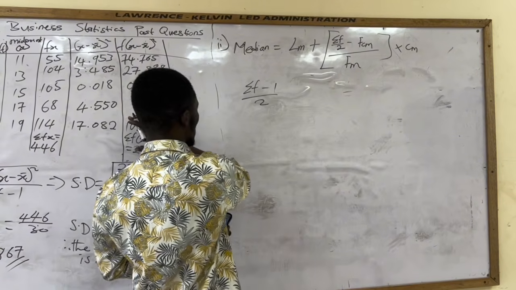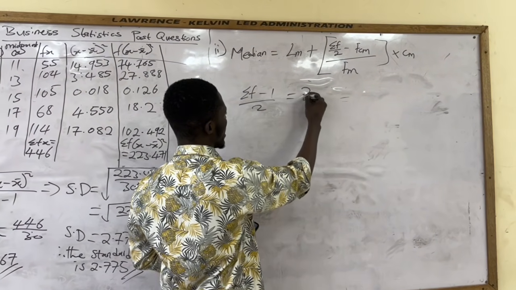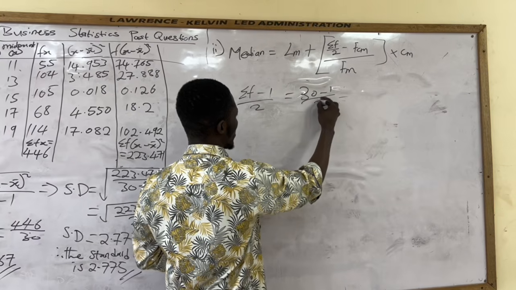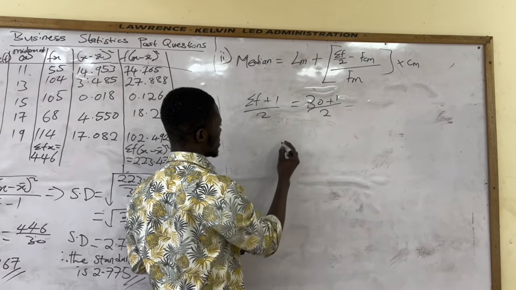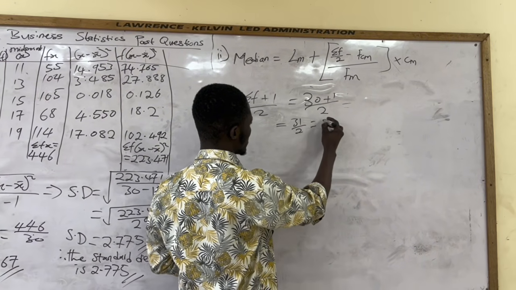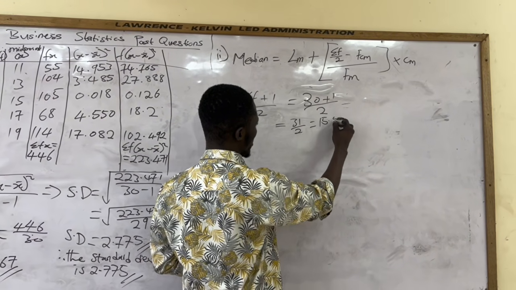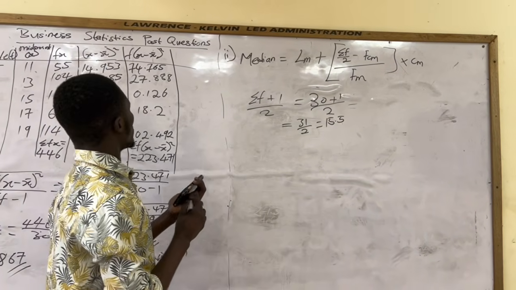That will give us the median class. So here we have 30 plus 1 divided by 2. Oh, sorry, it will be positive. So we'll get 31 divided by 2, giving us 15.5.